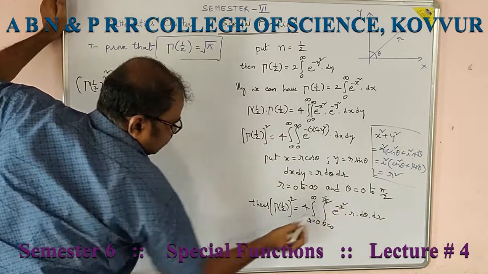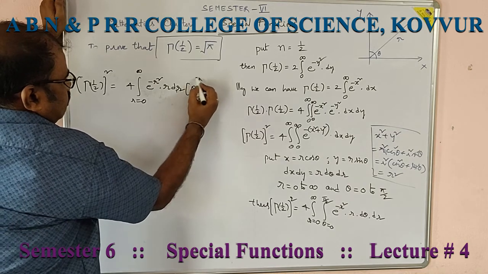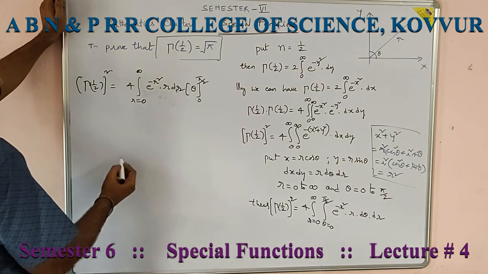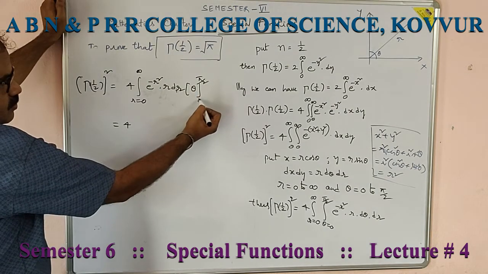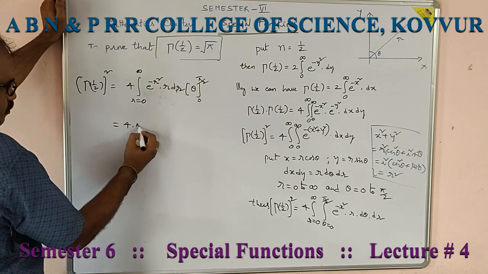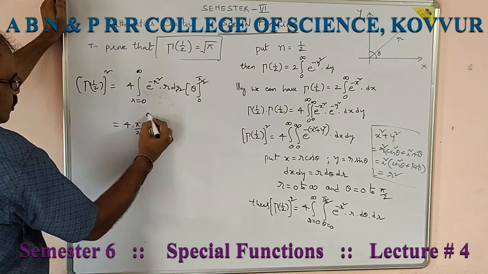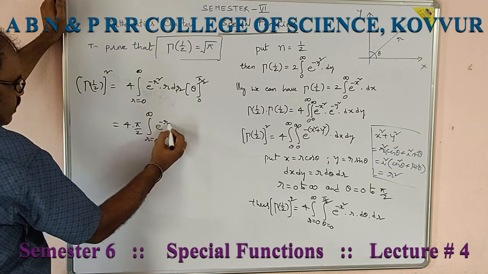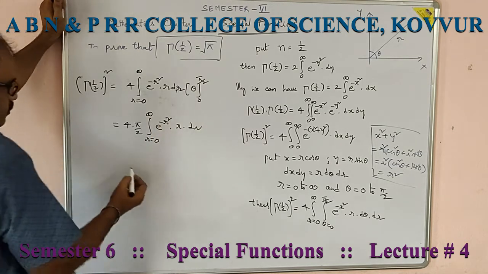So what is the integral of d theta? That is theta from 0 to pi by 2. So this is 4 into upper limit pi by 2, lower limit 0, which is 4 into pi by 2, times the integral r from 0 to infinity e to the power of minus r square r dr.